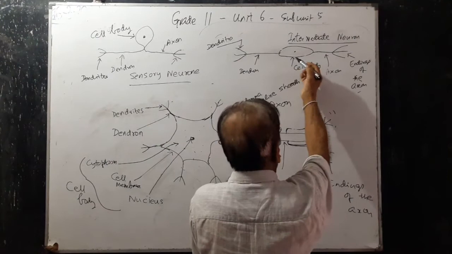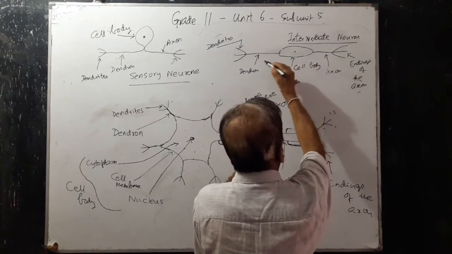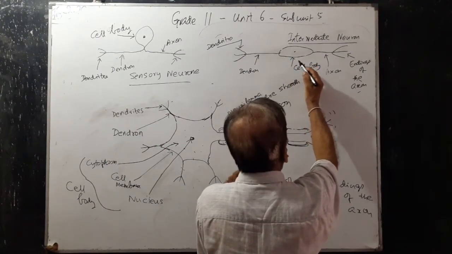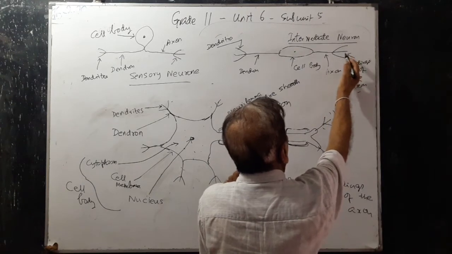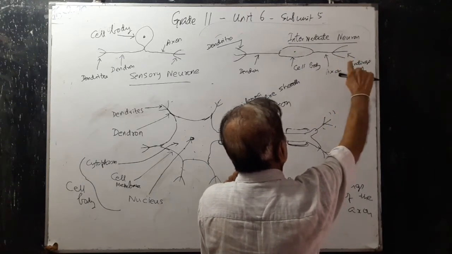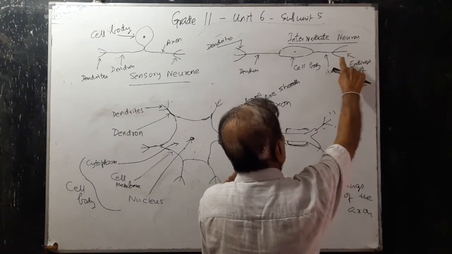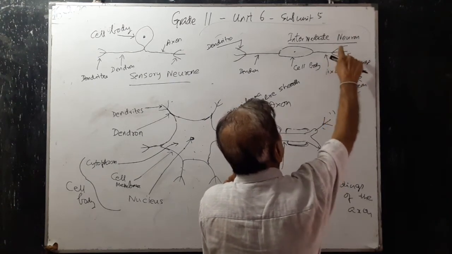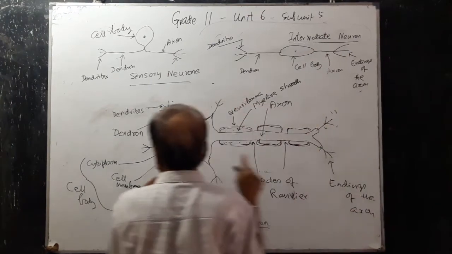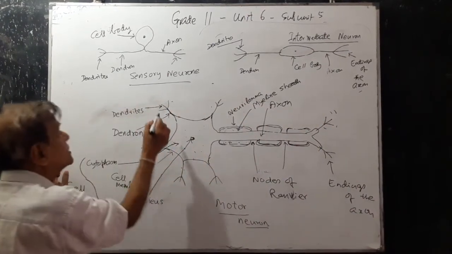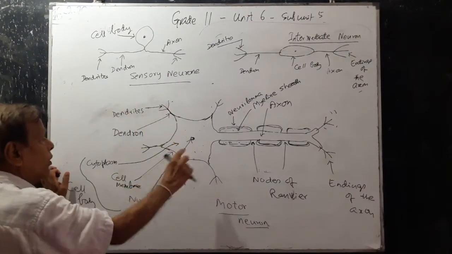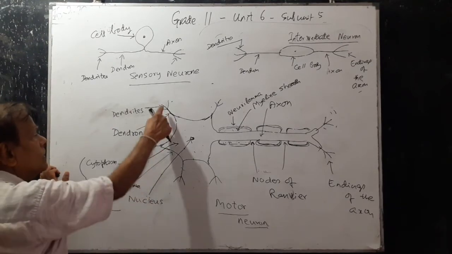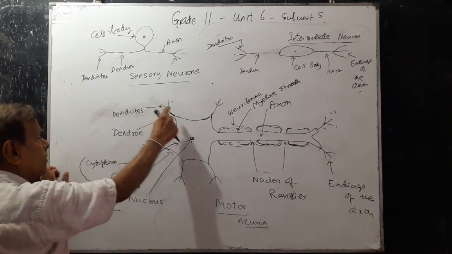Impulses conducted by the intermediate neurons are transmitted from the endings of the axon of these neurons to the dendrites of motor neurons.